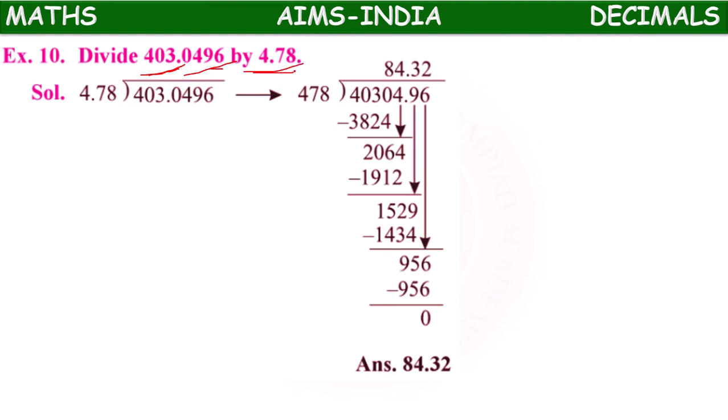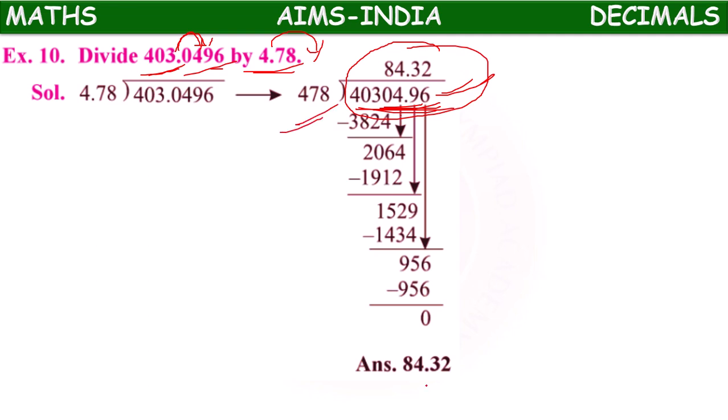Next, 403.0496 divided by 4.78. Here the decimal is 2 places. After moving two places, in the dividend we still have decimal places. Let it be, and do the division as we have done in the earlier cases.